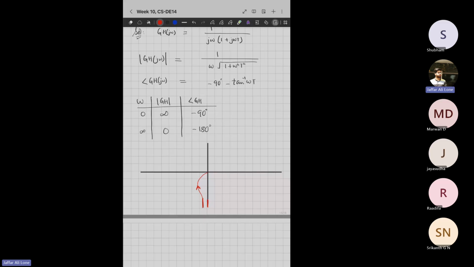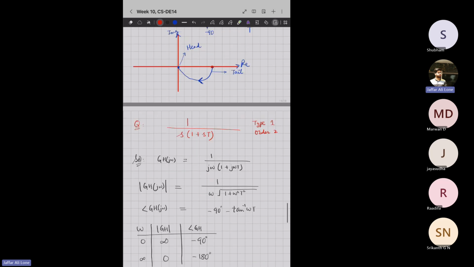This is 0 degree. This is minus 90 or plus 270. This is minus 180 or plus 180. It depends on how you are measuring it. Okay, so this is the polar plot of a type 1 and order 2 system.